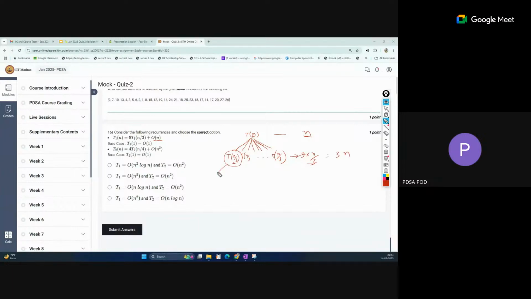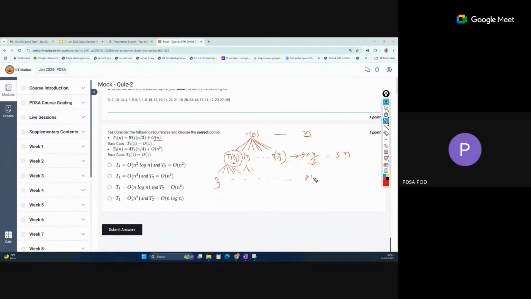Okay, next level, each call has 9 calls. So now 9 into 9 is 81. What will be the input for that? n by 3 by 3, that means n by 9. So for n by 9, steps are required 81 times.